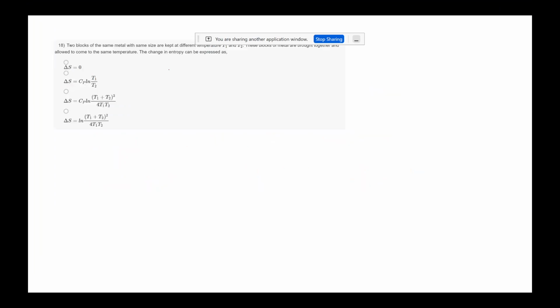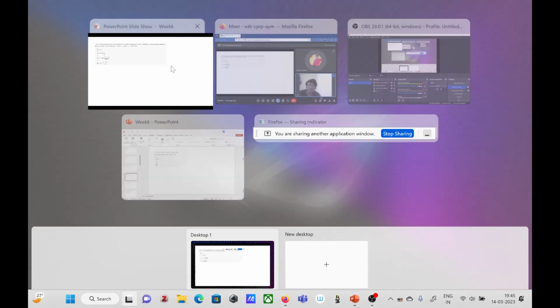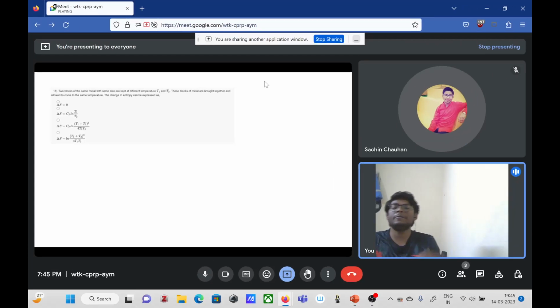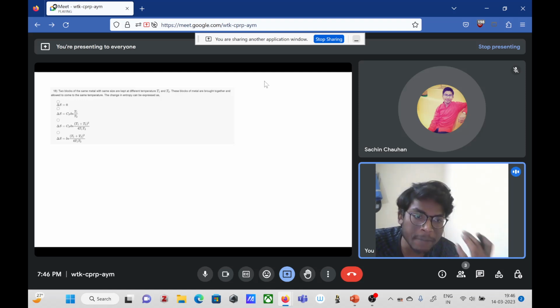That's true. Okay. Now, if you did the previous assignments or previous assignment sessions, you can answer this question very promptly. This question says two blocks of the same metal. Same metal means same heat capacity, because heat capacity depends on intrinsic properties, like what material it is built of.